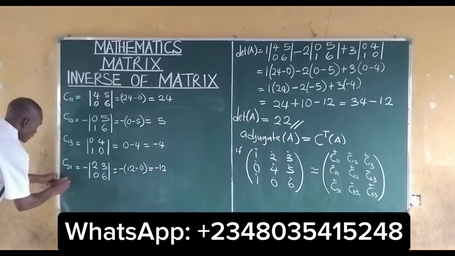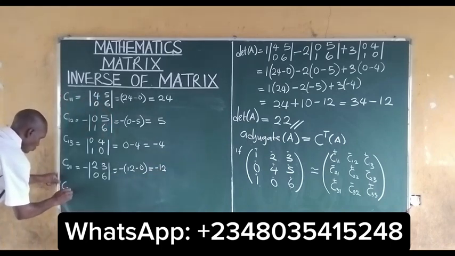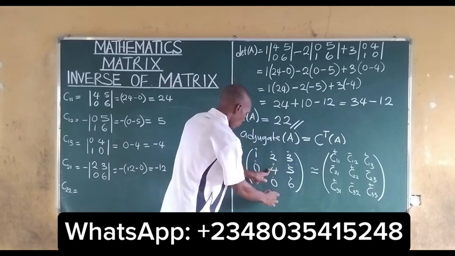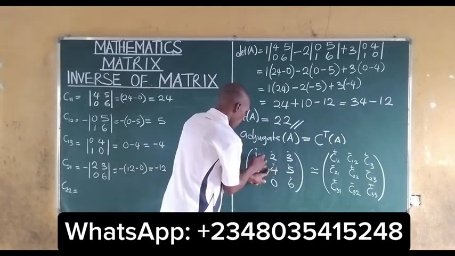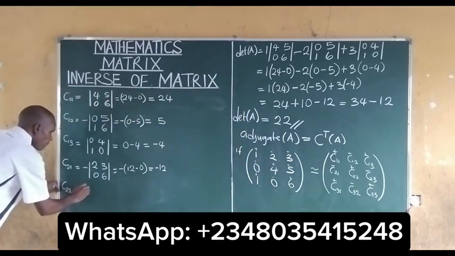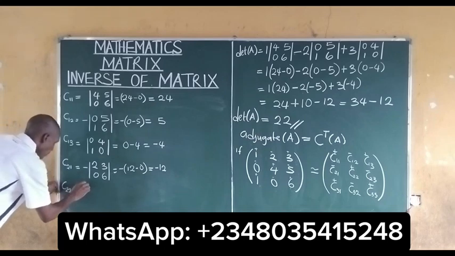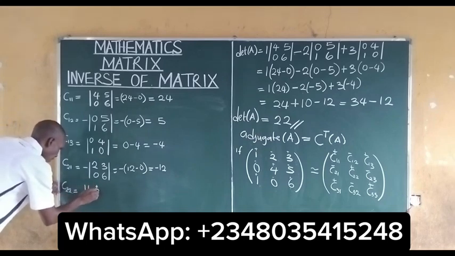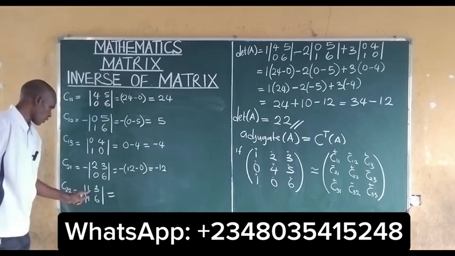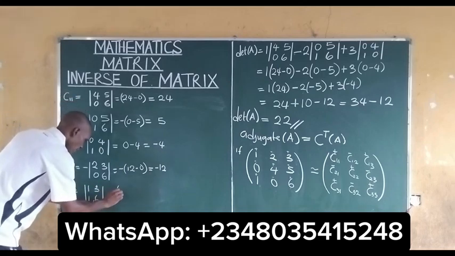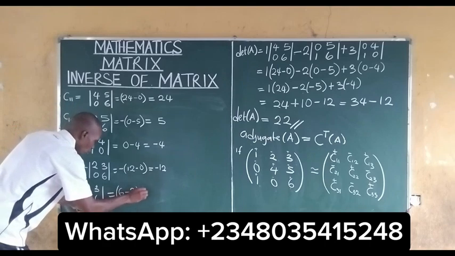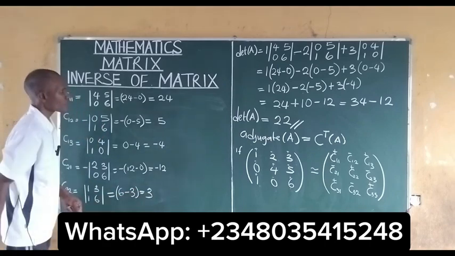We have C22, which is positive. The whole of this row and column will go, so we have 1 3 and 1 6, which is equal to 6 minus 3, which is equal to 3.